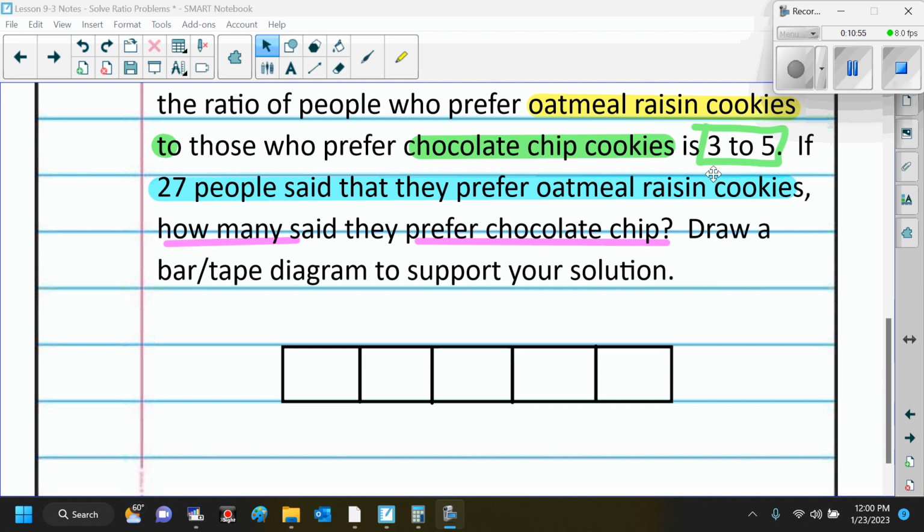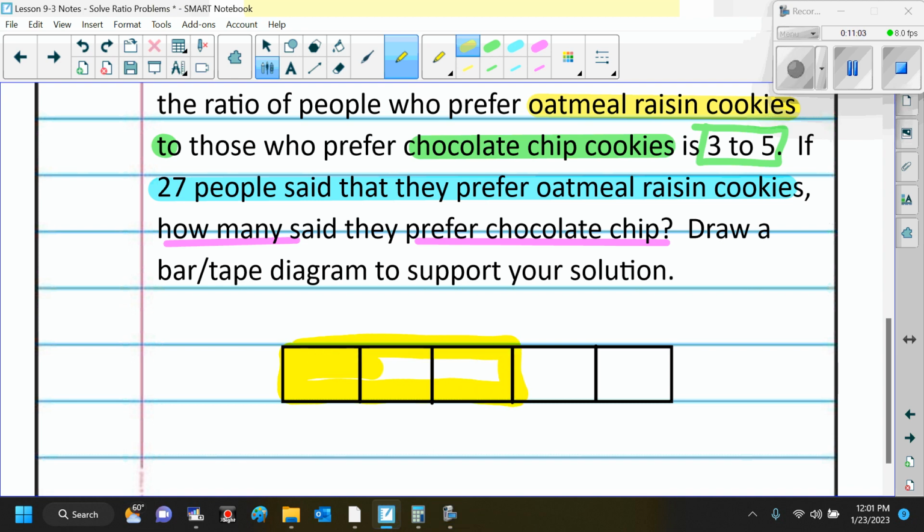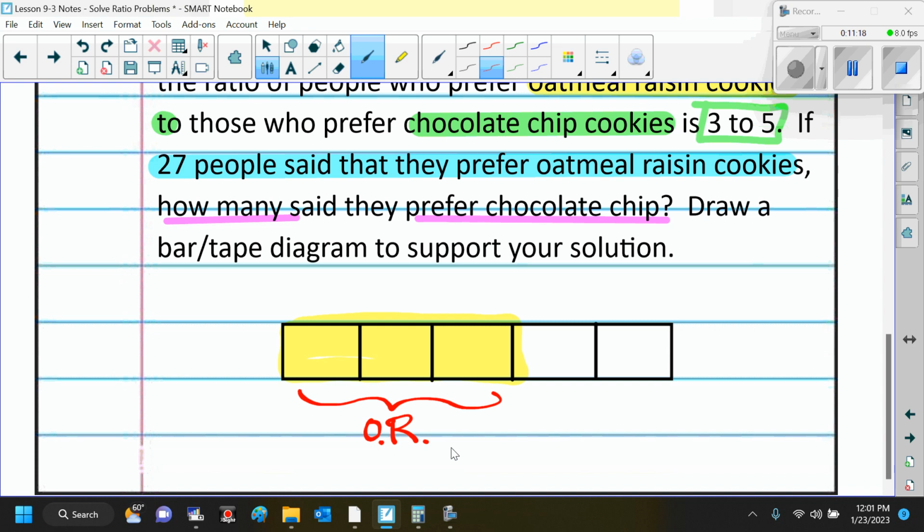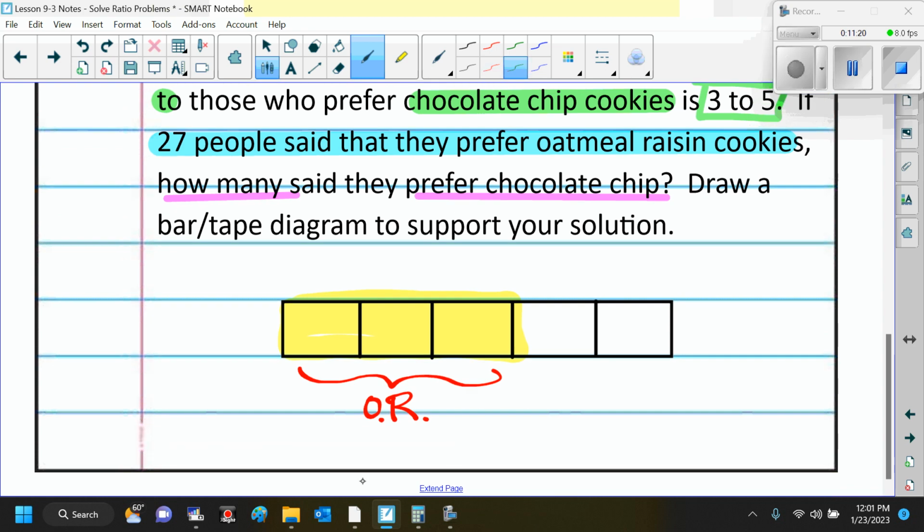Now the ratio is 3 to 5, so we are going to shade in 3 of these. This represents the oatmeal raisin. I'll say oatmeal O.R., oatmeal raisin. And the whole thing, the 5, this represents the chocolate chip.